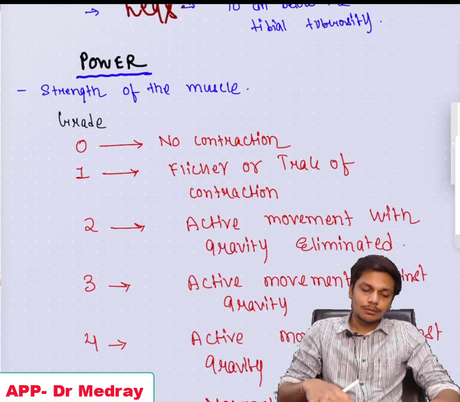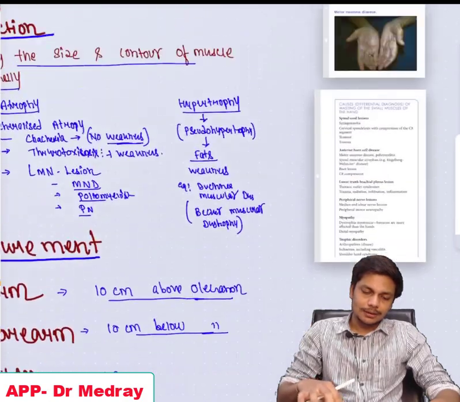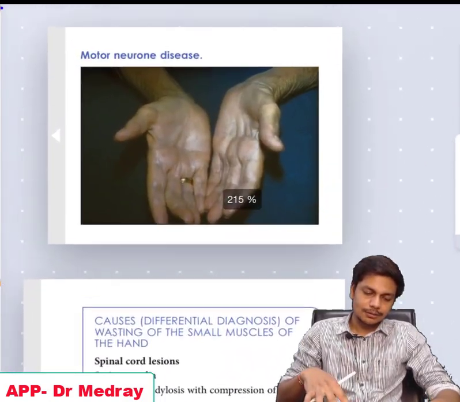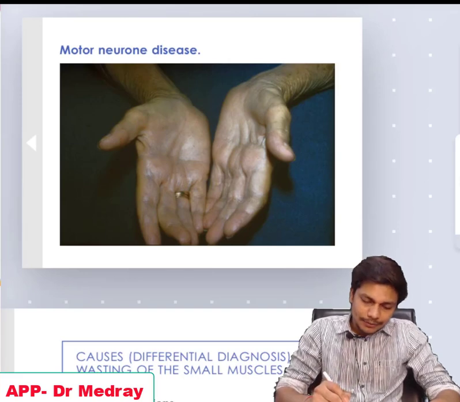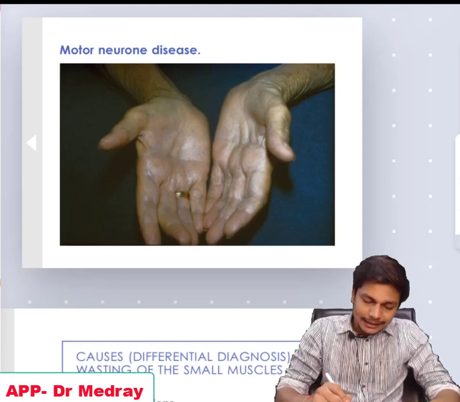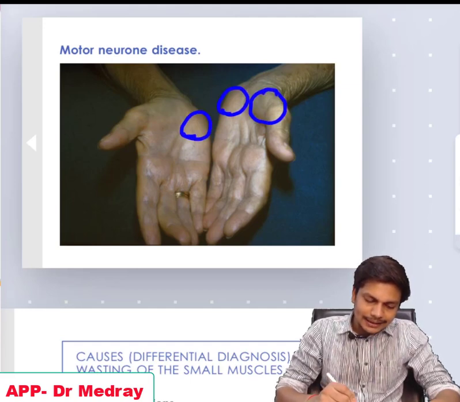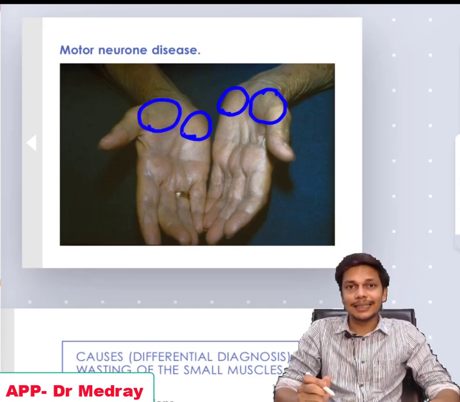Then here you can see one picture of the wasting of the muscle. You can see there is wasting of the small muscles of the hand. There is wasting of the thenar and hypothenar muscles, bilaterally, symmetrically and distally.